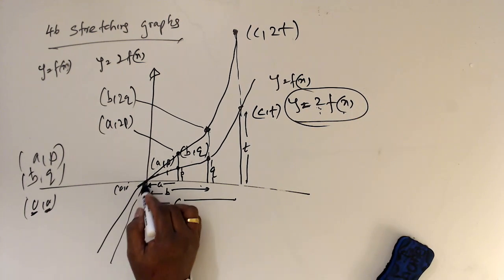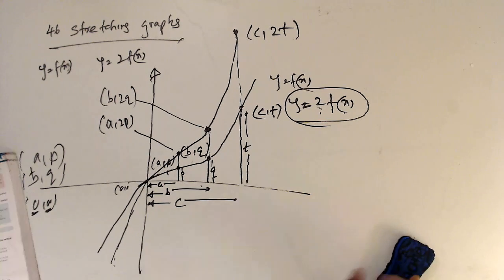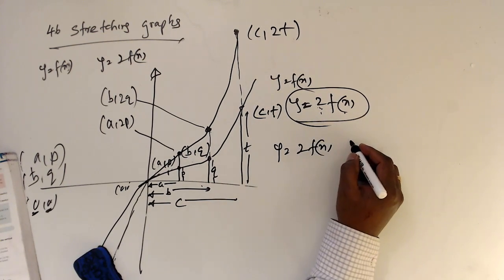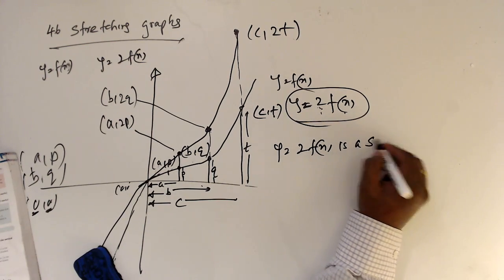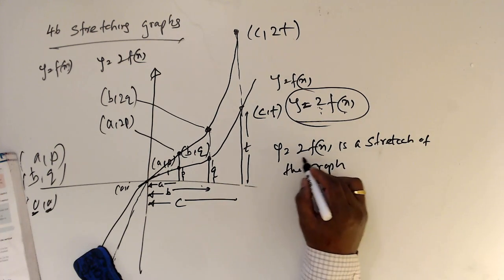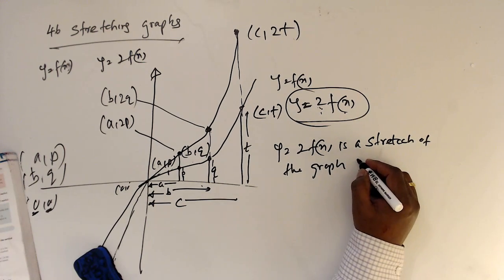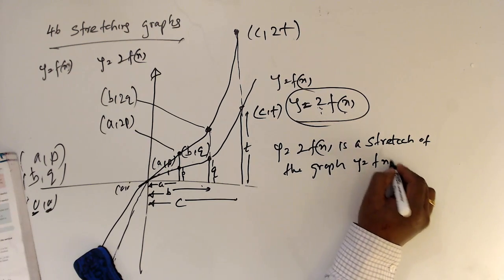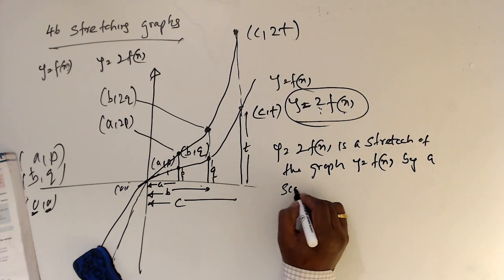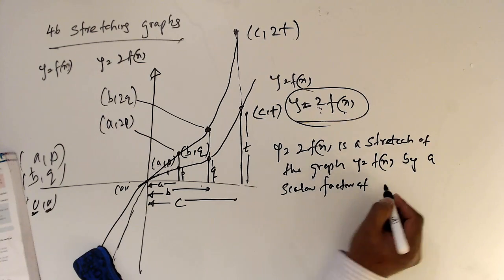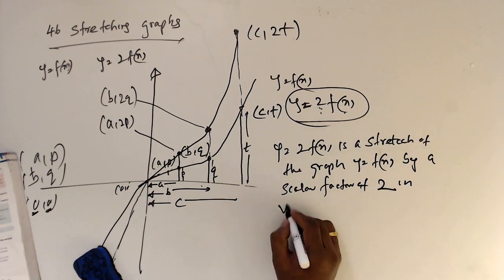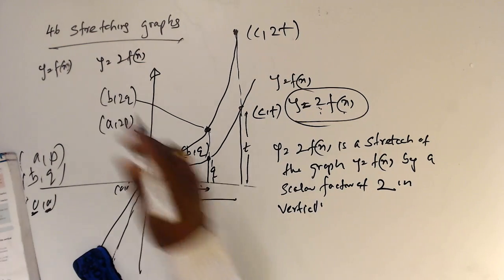So same as this way. Now I can write here: y equal to 2f(x) is a stretch of the graph y equal f(x) by a scale factor of 2 in the vertical direction.